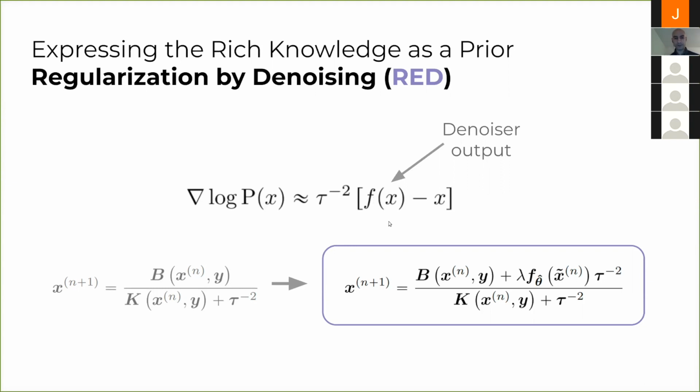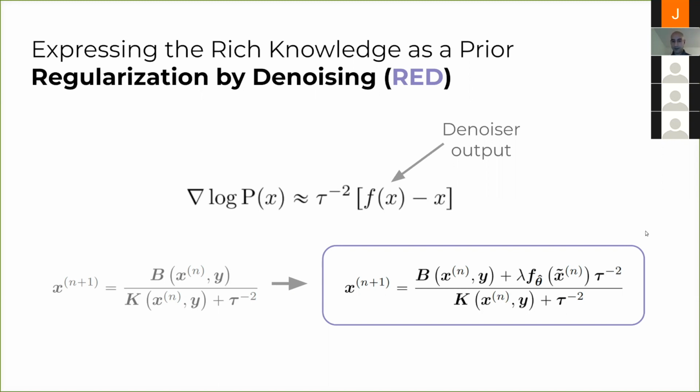And if you remember the update formula that I showed you before, if you do this instead of the exponential prior, you get an expression that looks like this. And if you compare it to the previous one, we basically add this additional term up here, which is the output of the denoiser times this little lambda parameter, which I'm going to be talking about in a brief moment, times the tau parameter.